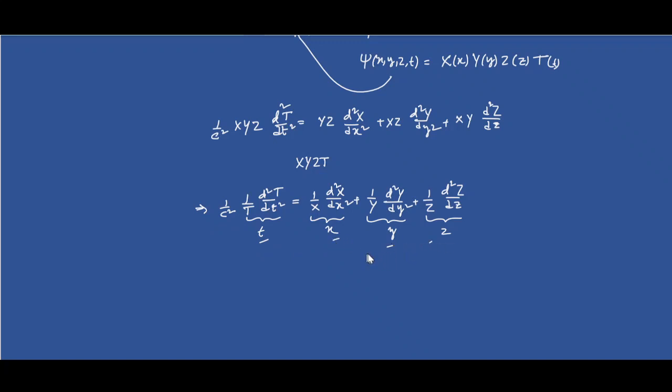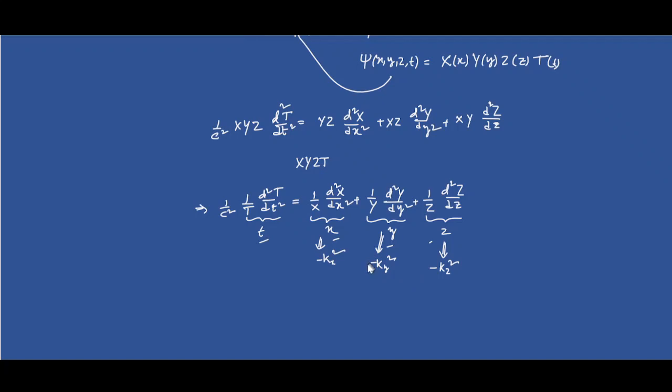So for each variable we can consider this expression equals to some constant. Let's say this equals minus kx square, which is constant, and for this one minus ky square, and for this minus kz square.